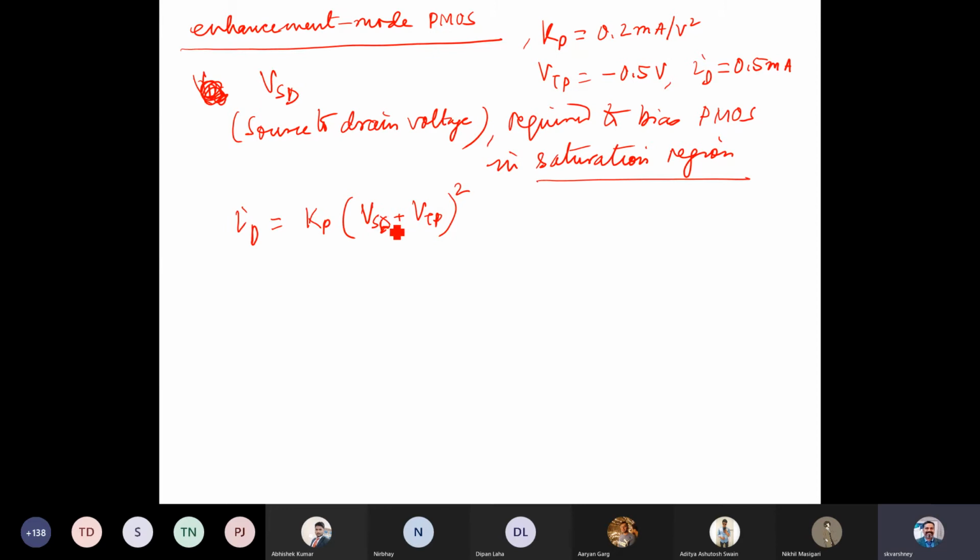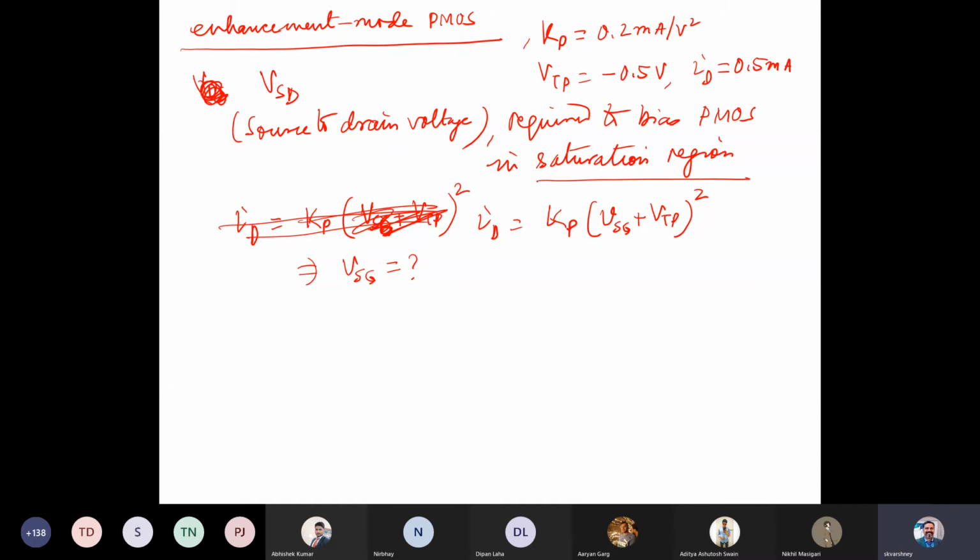So the equation is ID is Kp times (VSG plus VTP) square. ID is known here, Kp is known, VTP is known. So this will give us the value of VSG, right?